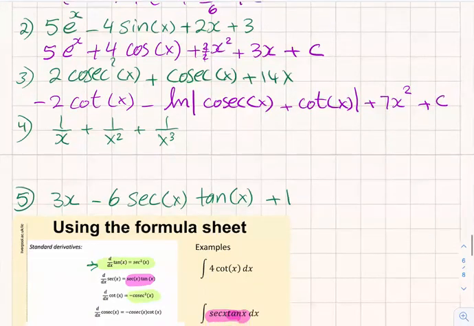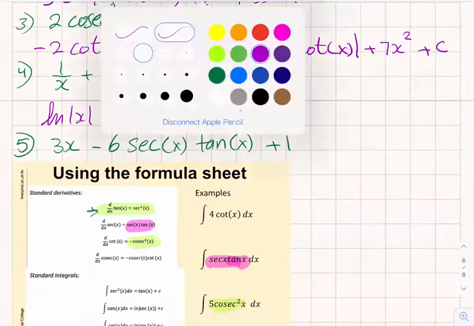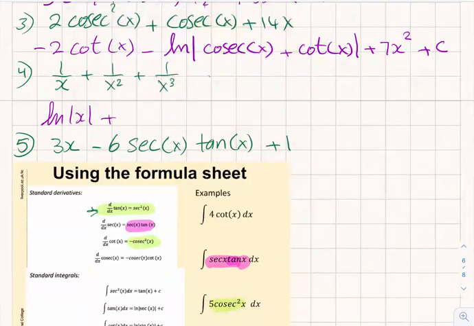Right, the next one here, we have 1 over x, so that's ln x. I'll write this next to it in another way as well. Going back to the question, it means the integral of 1 over x plus x to the power minus 2 plus x to the power minus 3 dx.